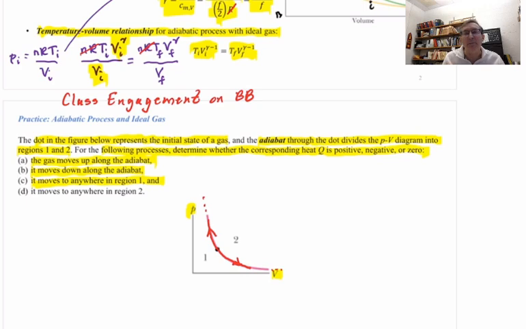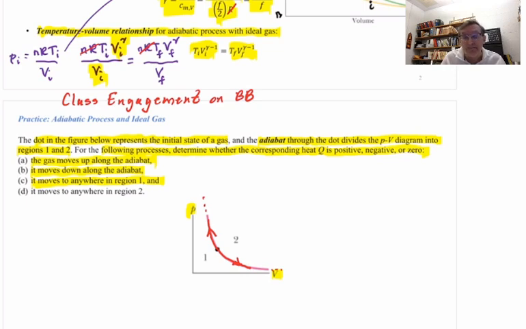I'll give you a hint to help you on your thinking. Suppose you start at that dot for the initial state, and you follow the isotherm that passes through that dot. You might want to look at some of the drawings I've had in the lecture here. What would a sketch of the isotherm through point 1 look like?